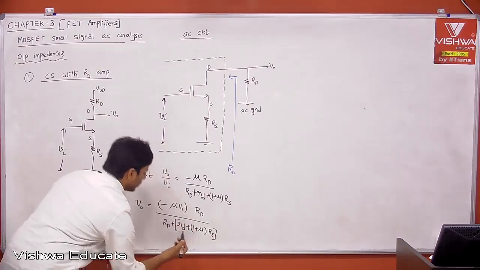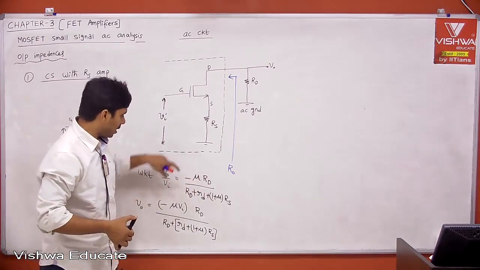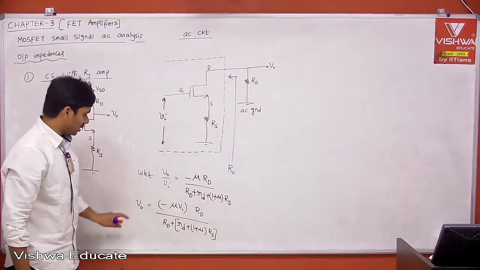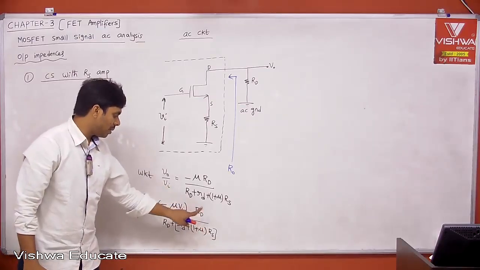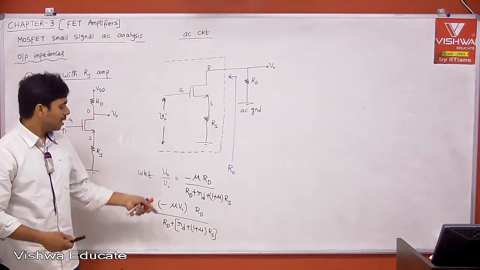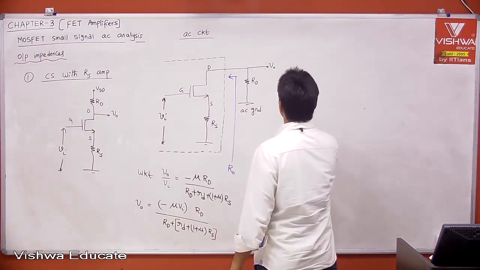Can I write it like this? If you observe clearly, V naught is equal to some input source into RD divided by R1 plus R2, which is a voltage divider network.